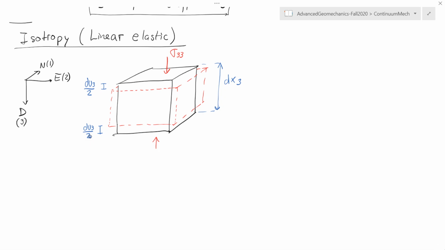Also, this one is going to expand in direction 1 and 2. In this case, let's just plot the displacement in direction 2. This is divided by 2 because I'm going to have the same thing over here.